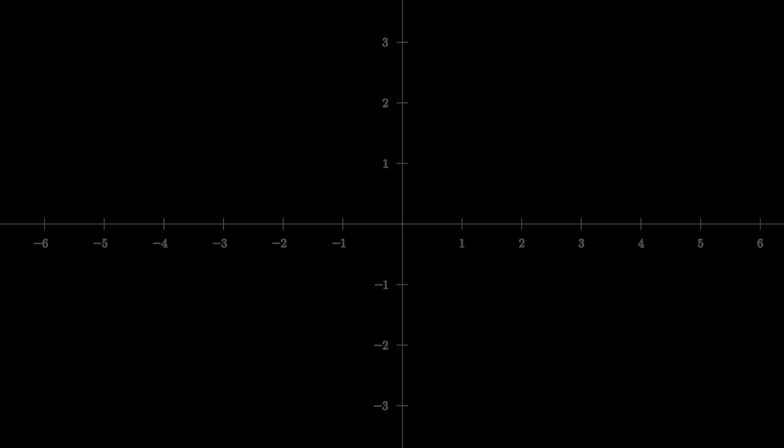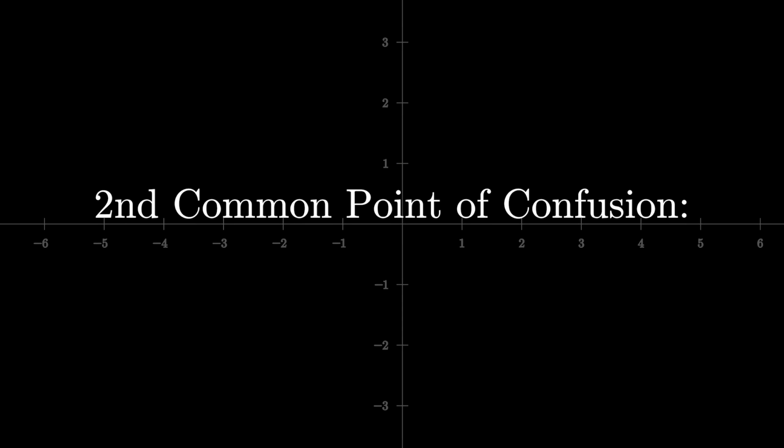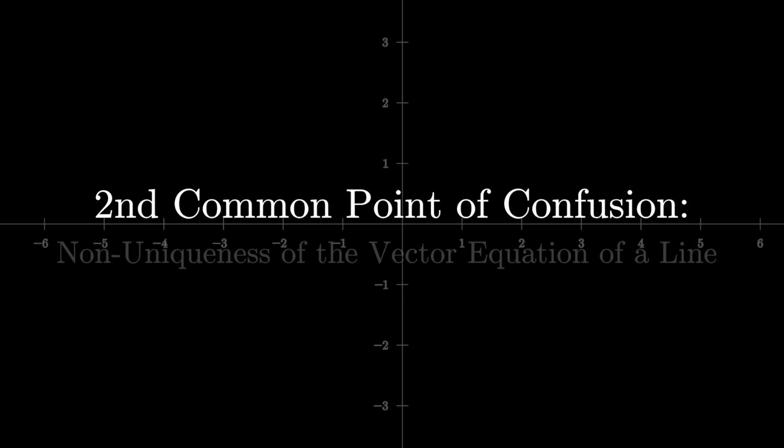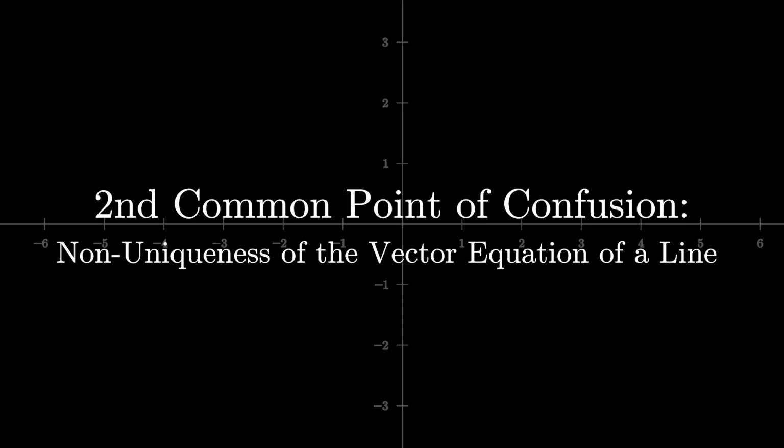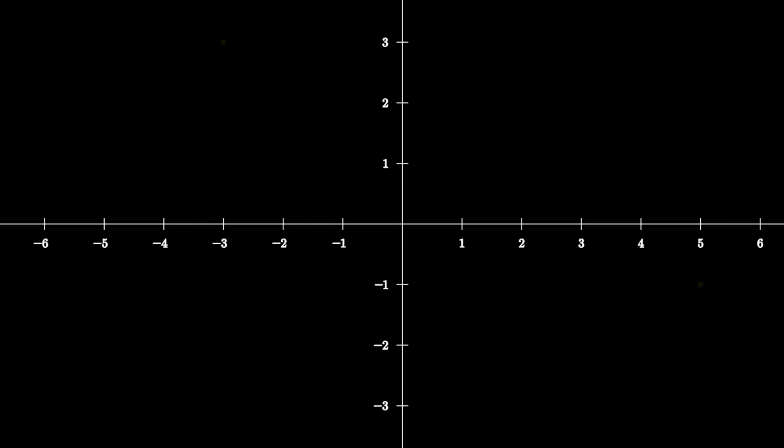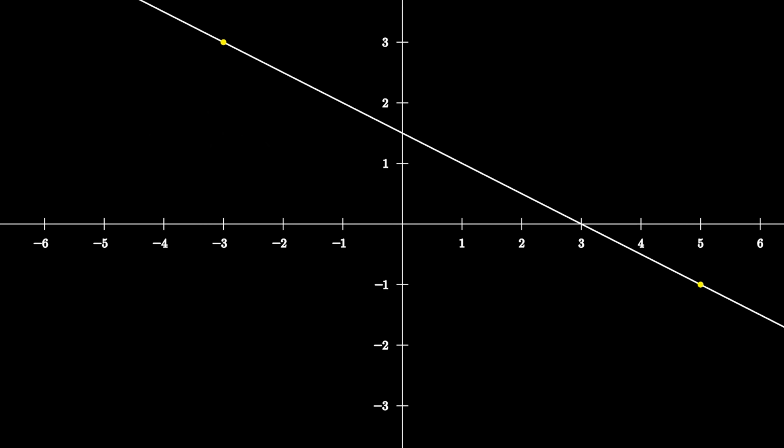With this in mind, let's clarify a second common point of confusion, the non-uniqueness of the vector equation of a line. Given 2 points, if you were asked to find the Cartesian equation, you would likely end up with this. However, this is as much about conventions as it is about math.